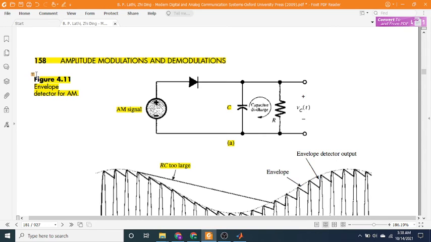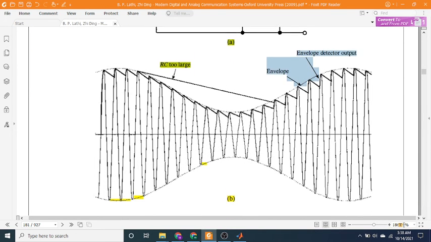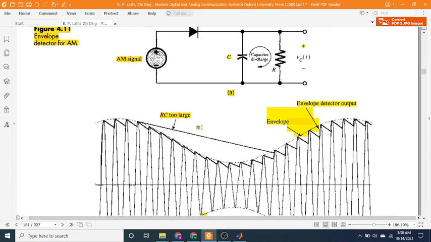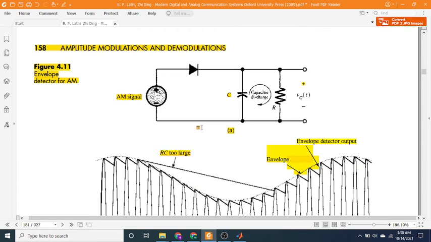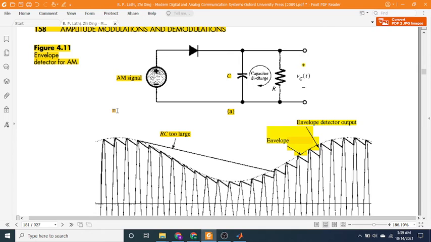Figure 4.11: Envelope detector for AM signal.